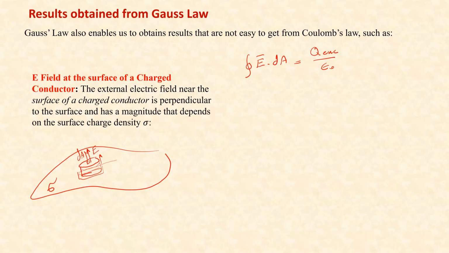And E dot dA for the whole surface becomes just E at that point times the area, because the area is small enough so that the electric field doesn't change from one point to the other. So it becomes E times A equal to the charge inside.